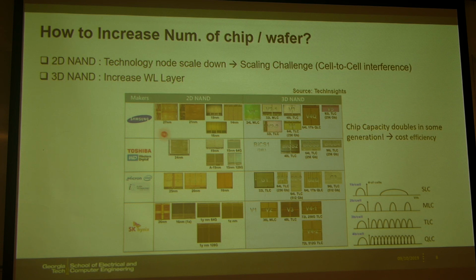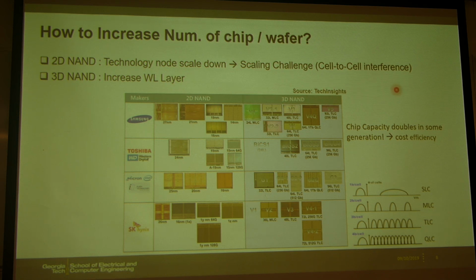Many years ago it was like 27 nanometer, but finally it decreased down to 14, 15 or 16 nanometer. But it could not go below 14 nanometer because of the scaling challenge called cell-to-cell interference. Maybe the professor will explain about this later.